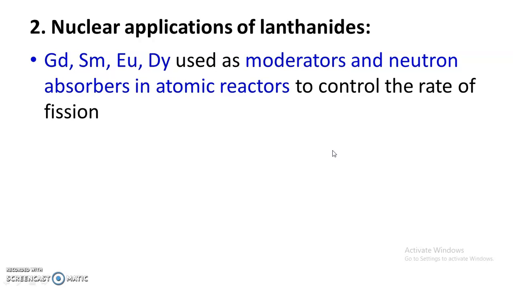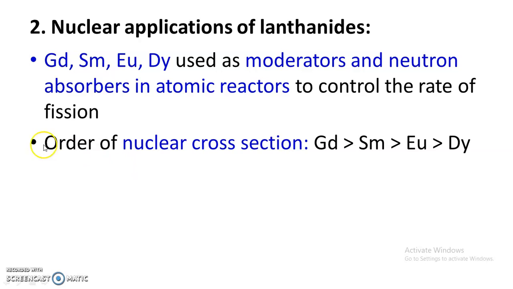In this way, nuclear fission is controlled by using these moderators or neutron absorbers. The order of nuclear cross section is gadolinium, samarium, europium and dysprosium. Gadolinium has the highest nuclear cross section, whereas dysprosium has the least nuclear cross section.